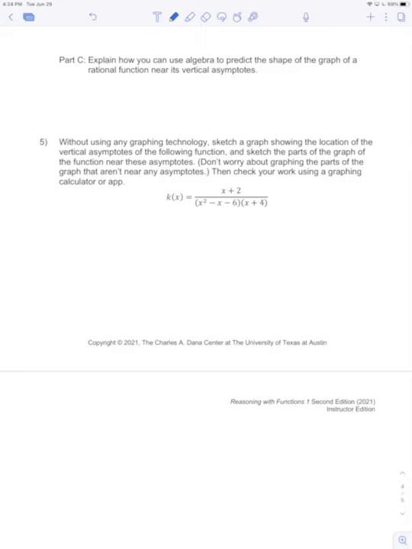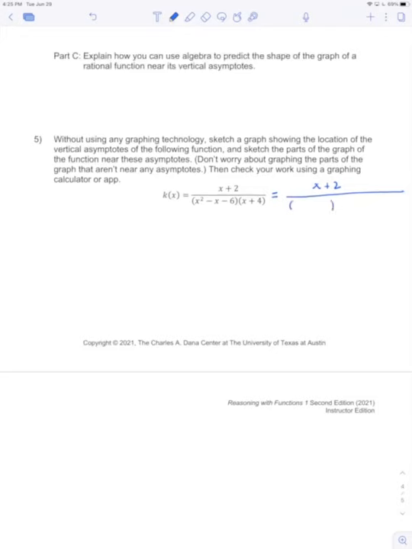It may be easier to, let's factor the denominator. If we rewrite this, I'm just going to put an equal sign here and continue writing this with a factored denominator. So we have a trinomial x squared minus x minus 6. If we factor that into 2 binomials, we'll get x plus 2 and then x minus 3.